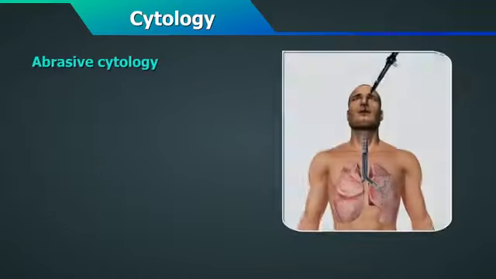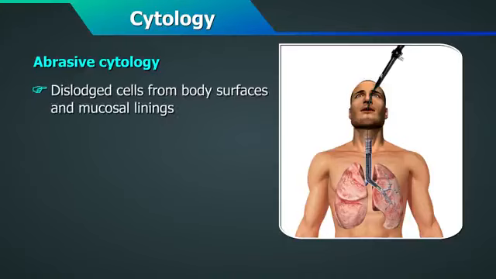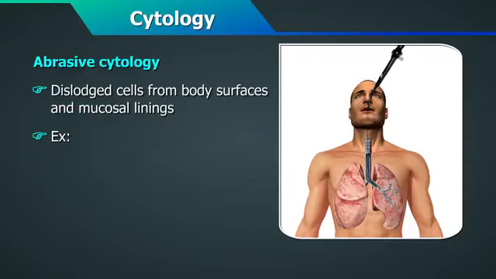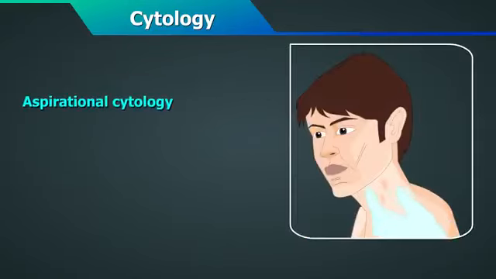2. Abrasive cytology. Dislodges cells from the body surfaces and mucosal linings. Example, cervical scrape cytology, such as Pap smear, scrapings, bronchial washings, swabs, etc. 3. Aspiration cytology.